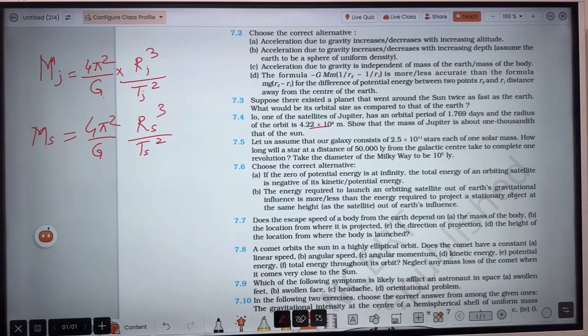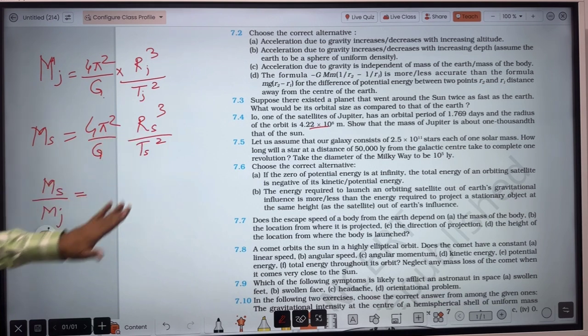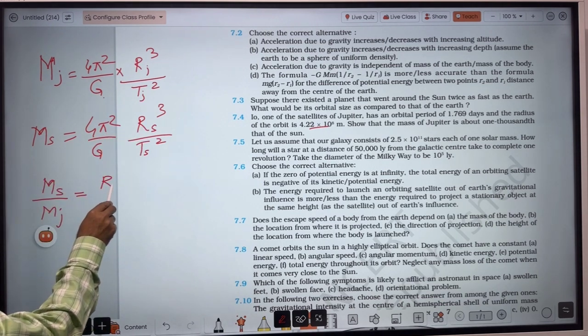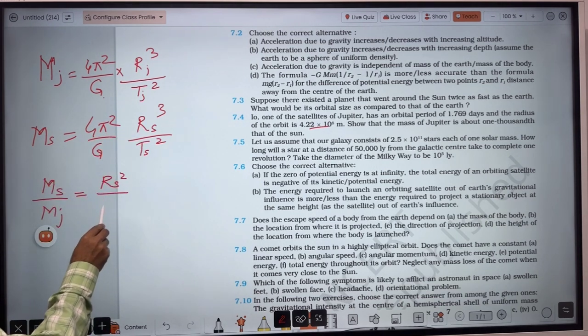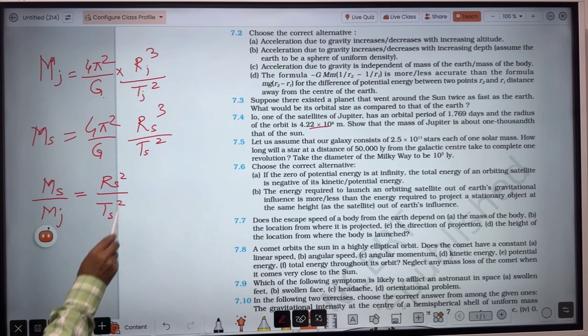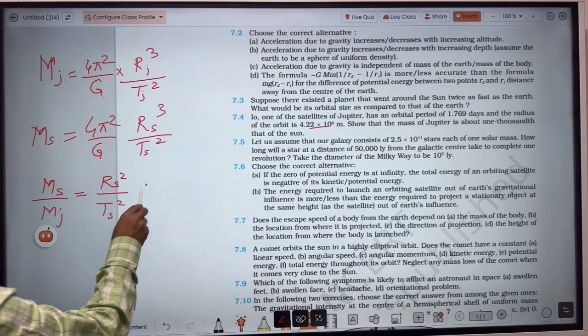So here we have to make comparison between the mass of the Jupiter and that of the Sun. So just write the ratio of the two, mass Sun divided by mass Jupiter. Then what do you get? If you divide these two, these terms will cancel out, this will remain here: r Sun cube divided by T Sun square, right?